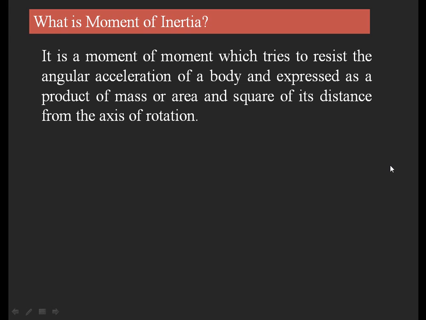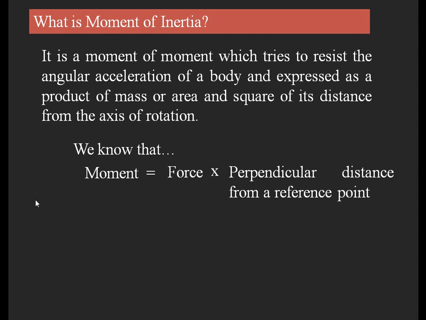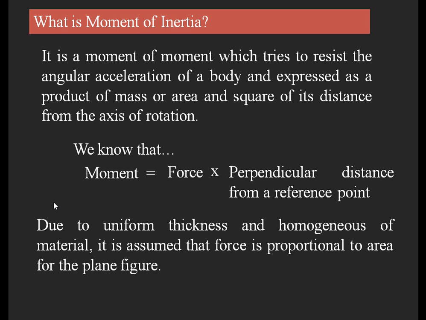So I would like to give an expression for the moment of inertia. For that we already know about moment. Moment is the force into the perpendicular distance from a reference point to the line of action of the force. Already we know that, but here in place of force we will be taking mass or area. Why are we taking mass or area?